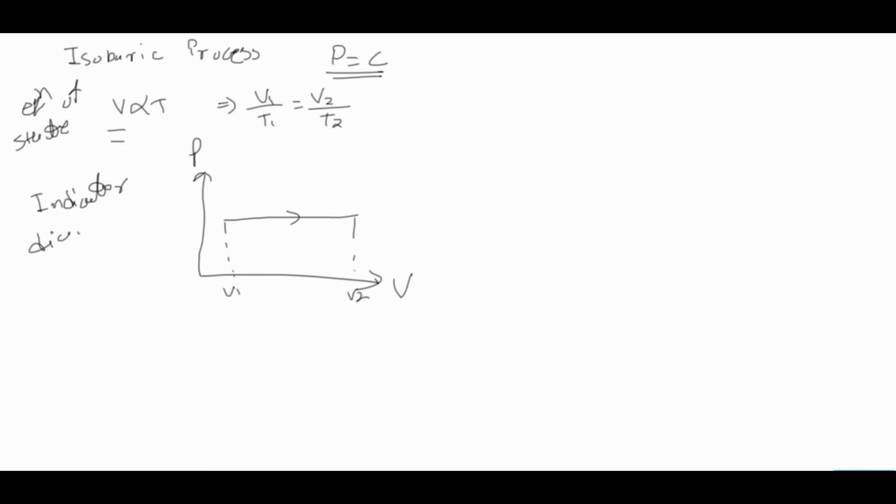Temperature increases, so delta U is positive here. Volume is increasing, so delta W is also positive. And if both are positive, then delta Q is also positive according to the first law of thermodynamics.